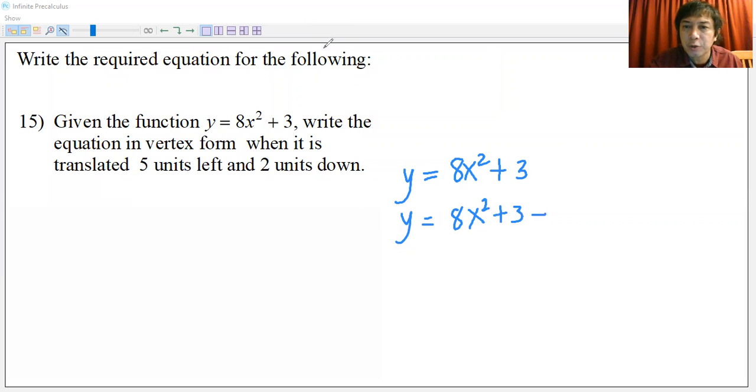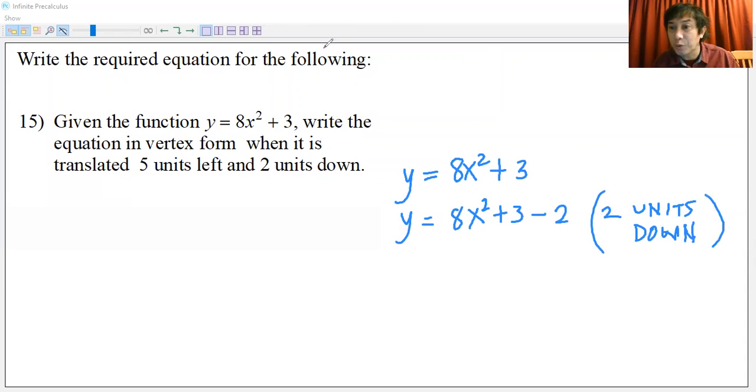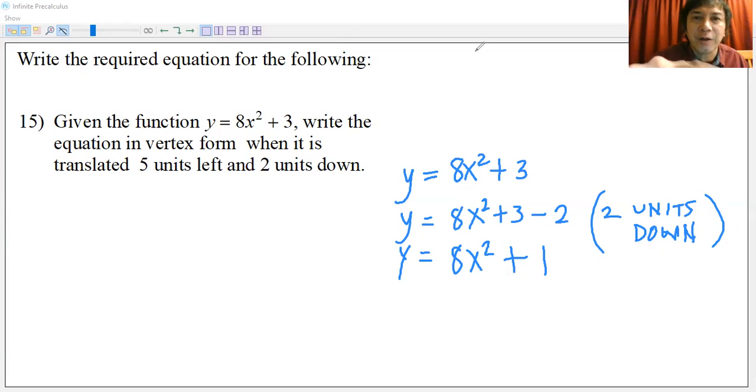If you subtract 2, that means 2 units down. So this will become y is equal to 8x squared plus 1.